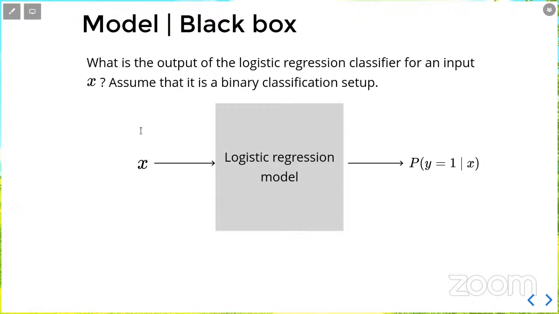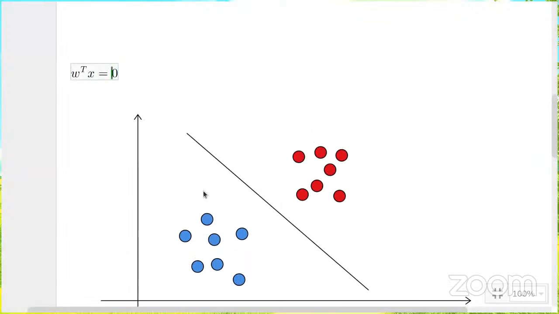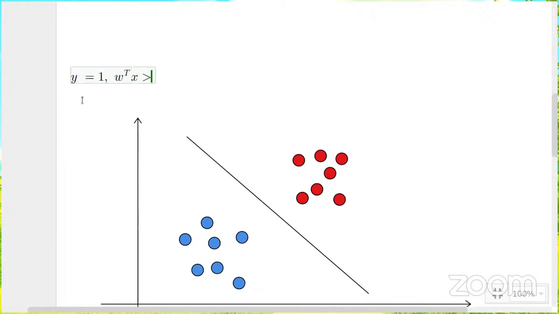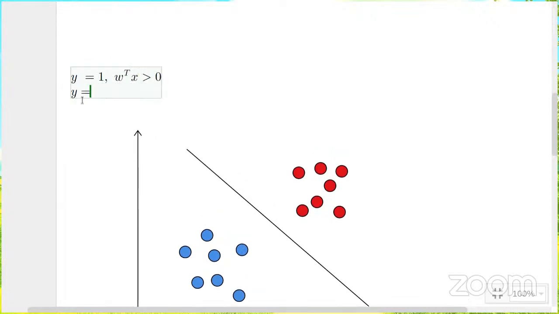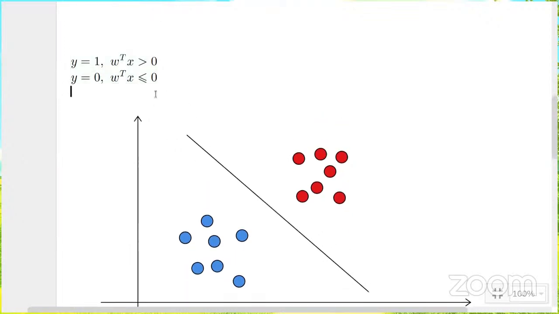So let's take the case of least square classification. Once you learn this decision boundary, you say that y equal to 1 if w transpose x is greater than 0, and y equal to say 0 or -1 depending on your convention. Say I'll say y equal to 0 if w transpose x is less than or equal to 0, right? This is what least square classification does.